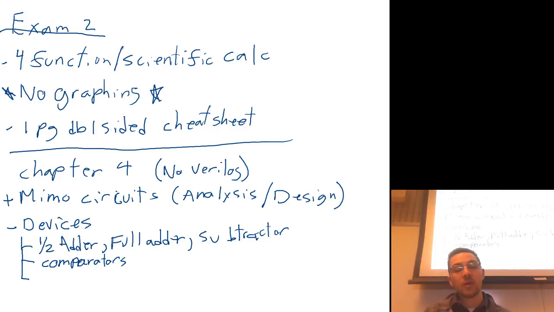Let's see, what else? Then we've got any 1 to n to 2 to the n device.